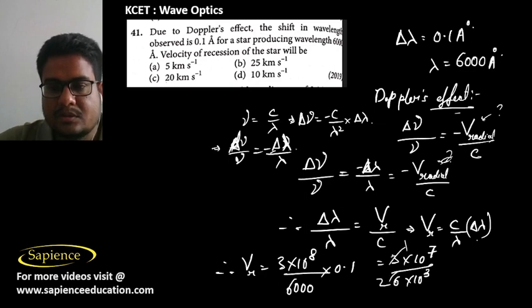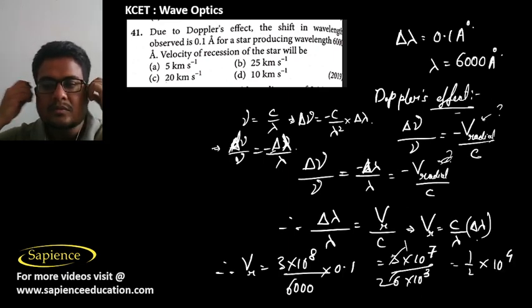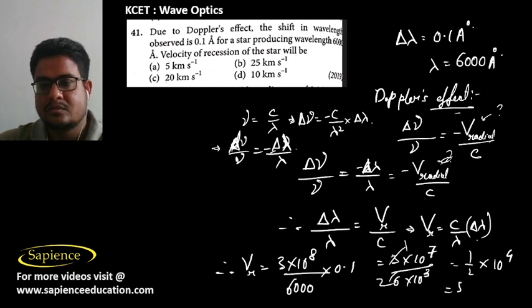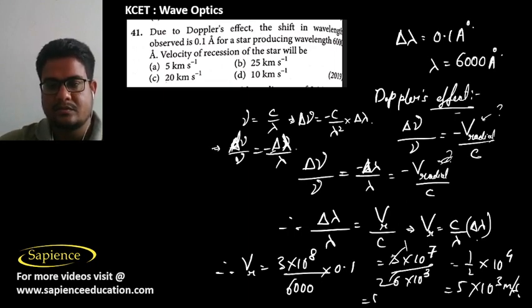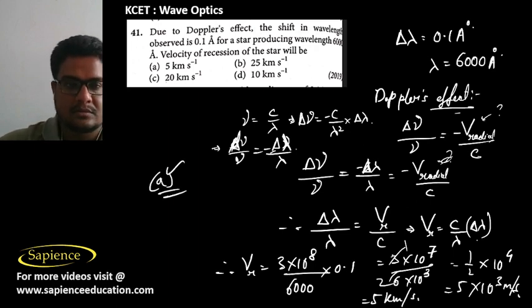So 3 2s are 6, so this will be 1 by 2 into 10 power 4, that is 5 into 10 power 3 meter per second, or I can say it will be 5 kilometer per second. So option A is the correct answer.